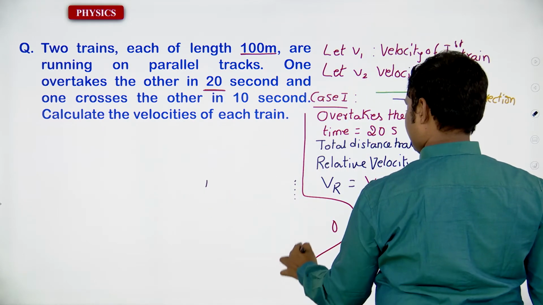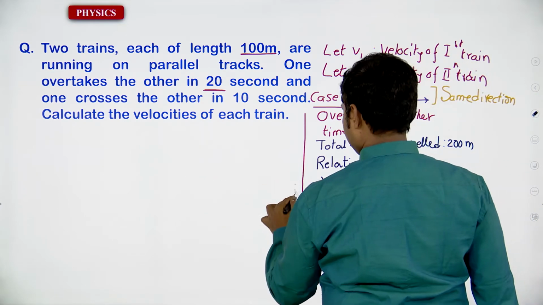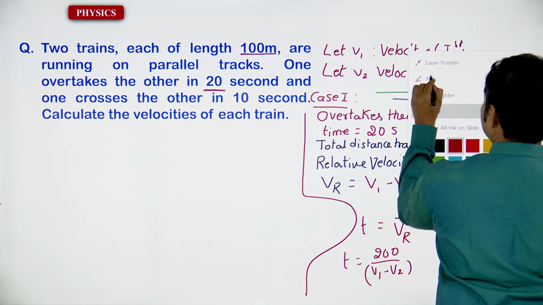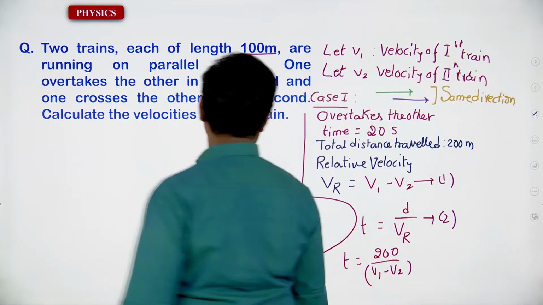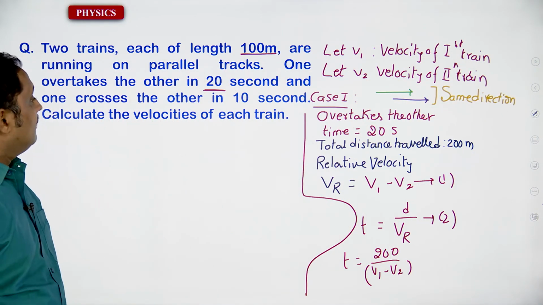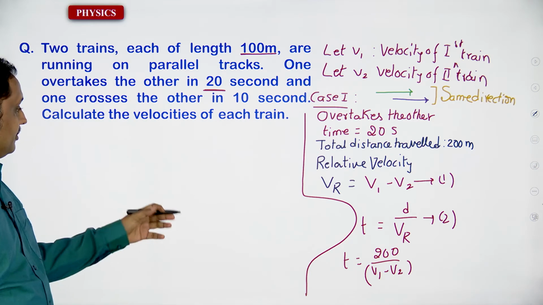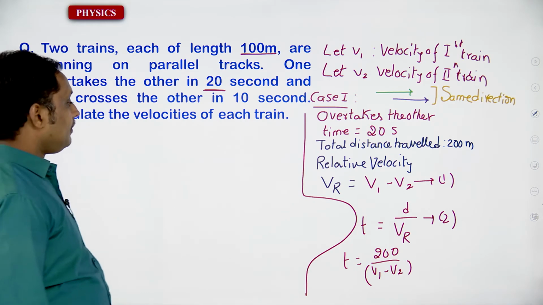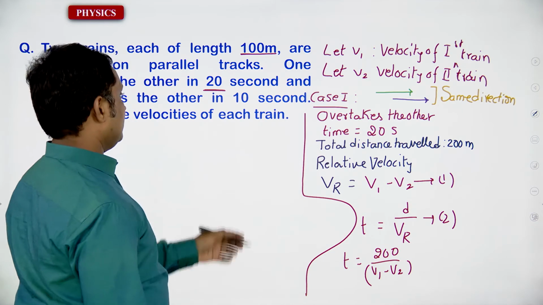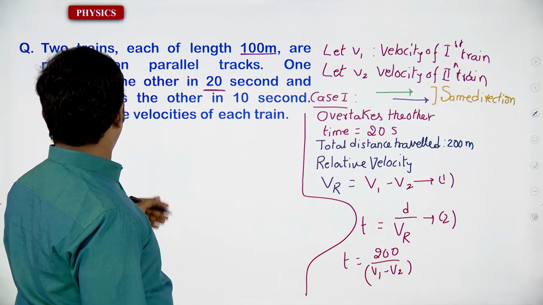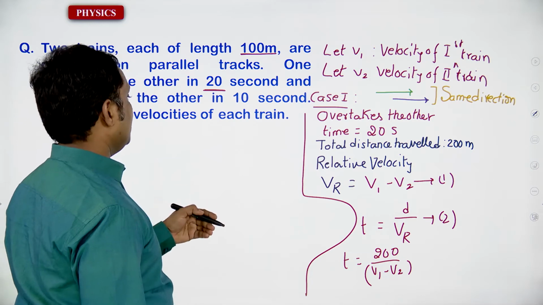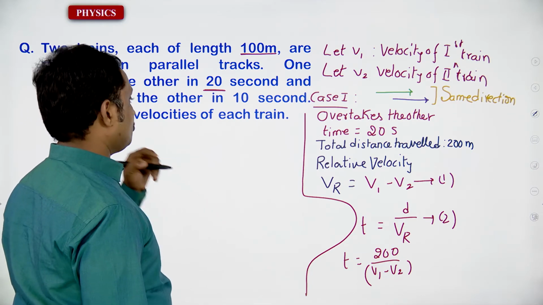This is one case. Now it's easy for you to solve the problem. What they have given for overtaking is that it took the time, that is 20 seconds.